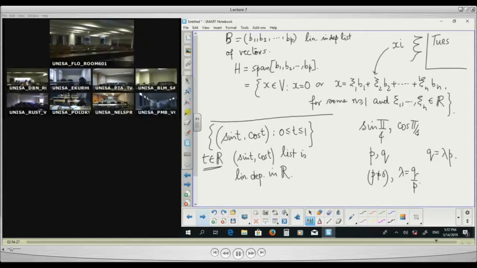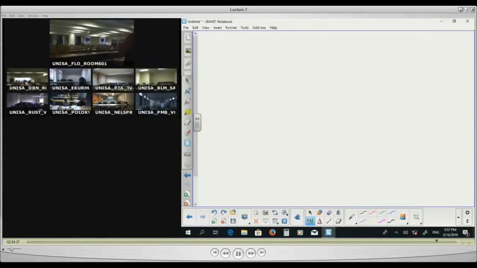Wait. So you have this list of vectors. So let's first do a specific example. Say I have a list of 10 vectors. How do I decide whether this list is linearly dependent or linearly independent? So, first step, I check whether V1 is 0 or not.